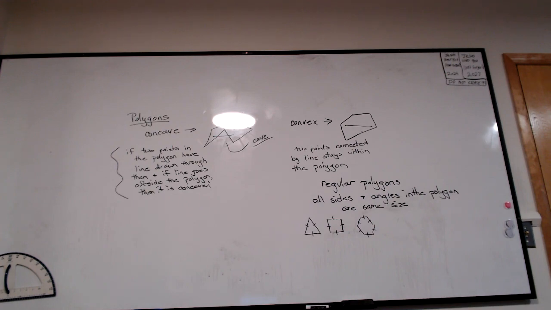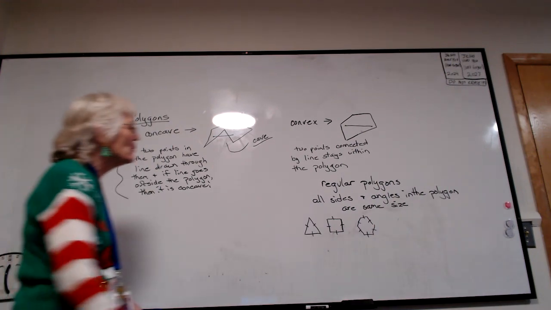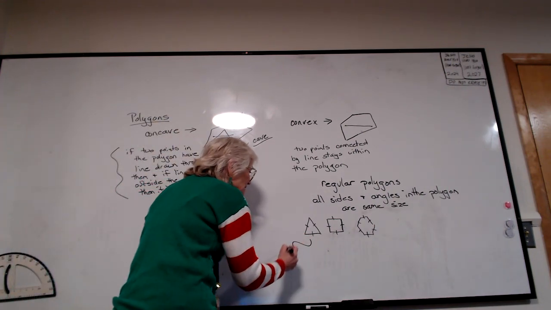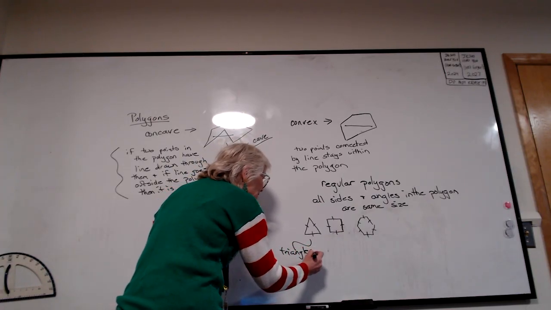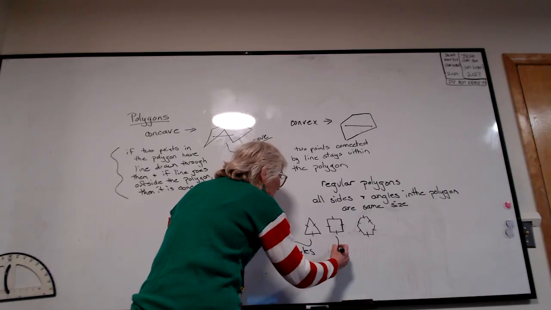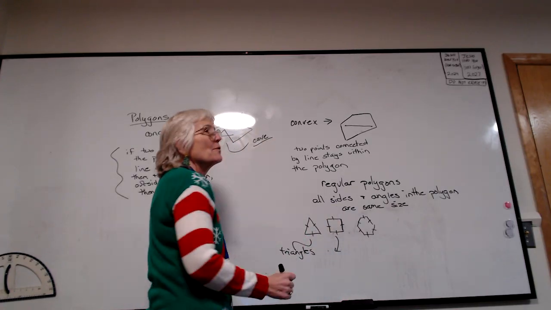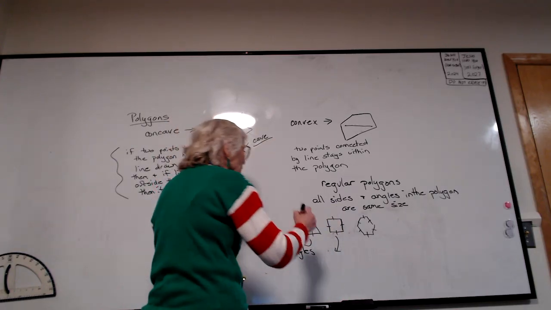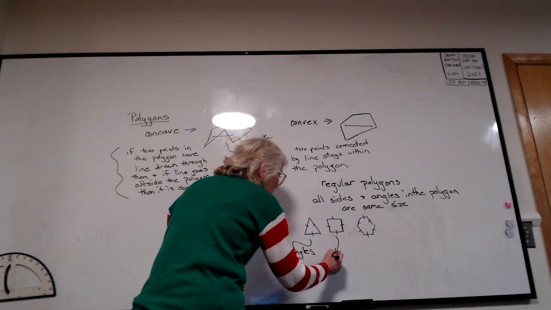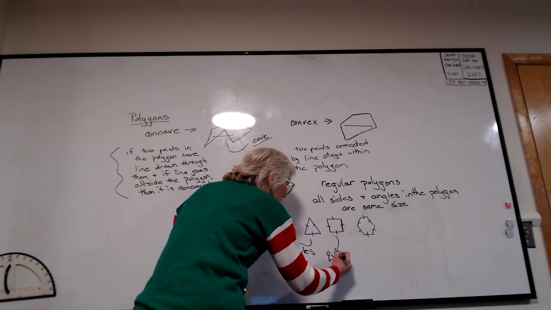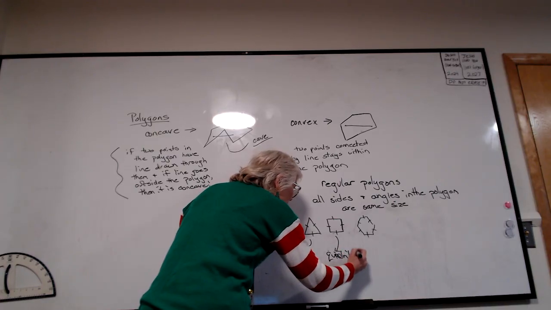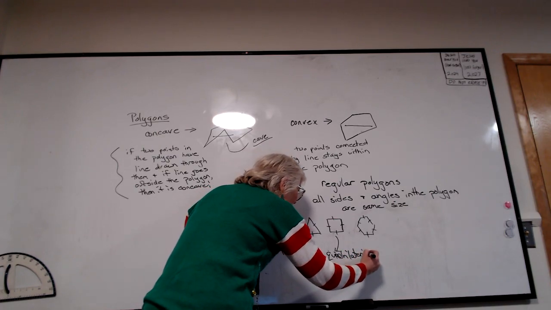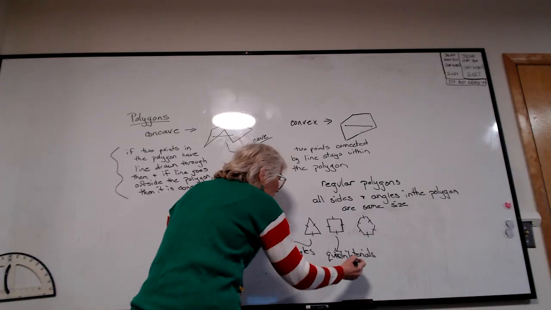So then we went into the triangles, and talked about the different types of triangles. And then we went into the quadrilaterals and talked about how they're named, okay?